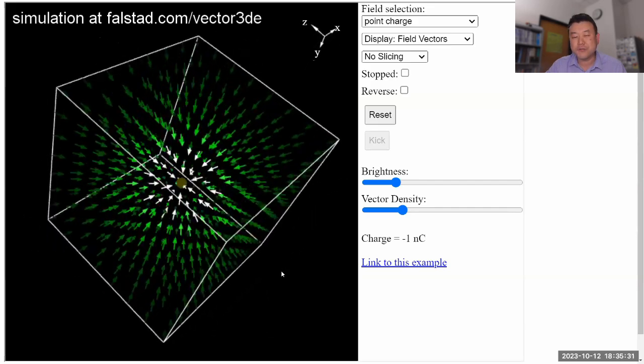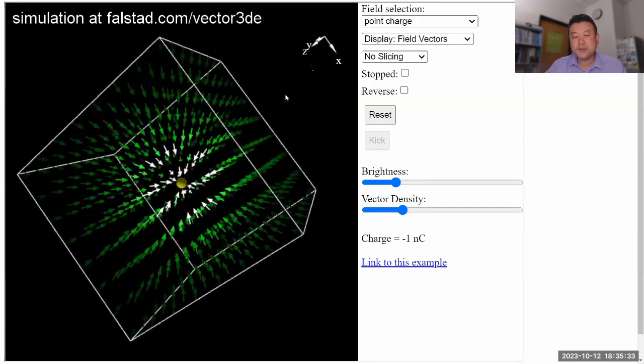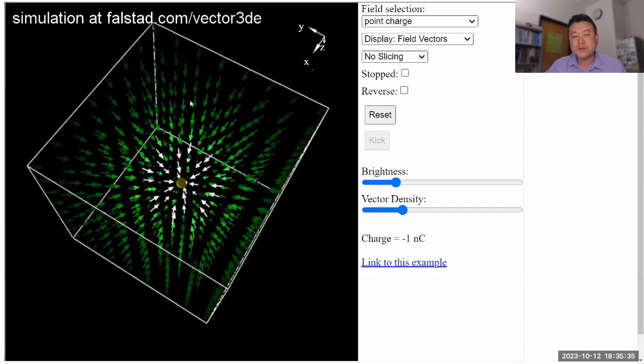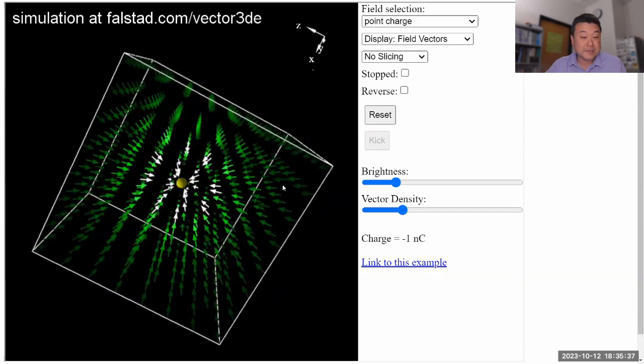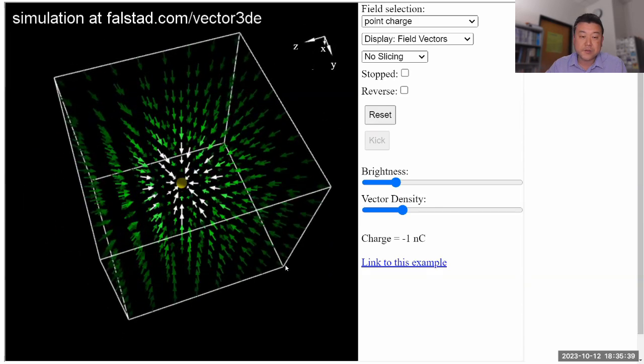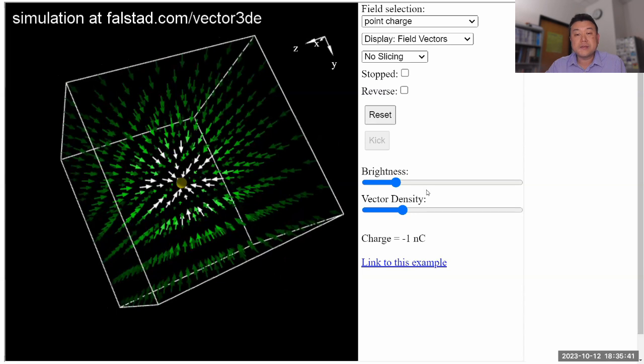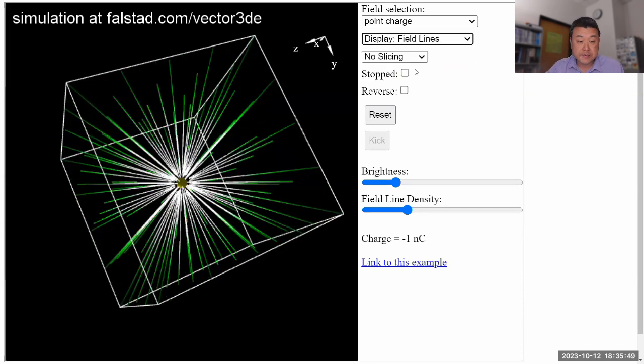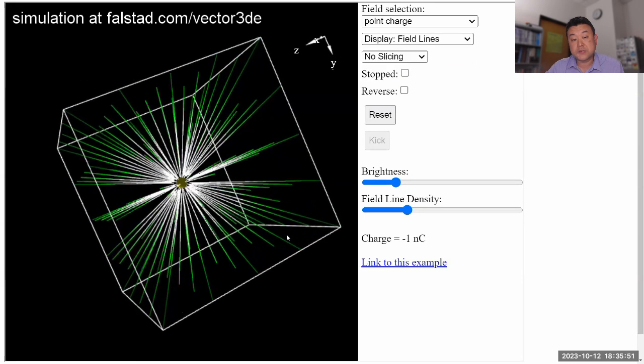Let's stick with the 3 dimensions, because if we wanted 2 dimensions, we can look at the PHYS simulation. So this is kind of the same version as what the PHYS simulation is doing. What I really want to show with this is not the field vectors, which the PHYS simulation does, but field lines, which the PHYS simulation doesn't.